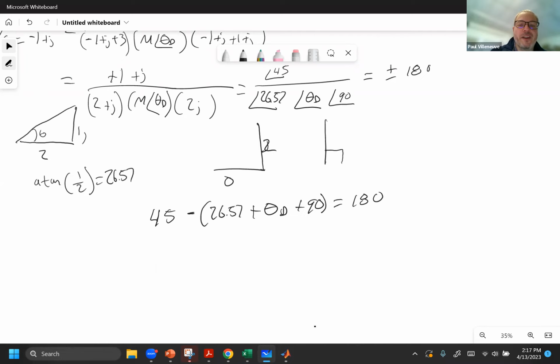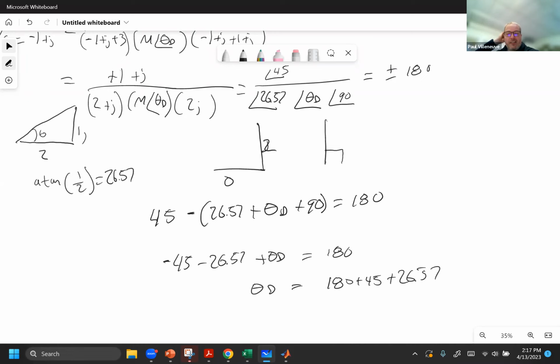So 45 minus 90 is minus 45 minus 26.57 plus theta d equals 180. Theta d is equal to 180 plus 45 plus 26.57.